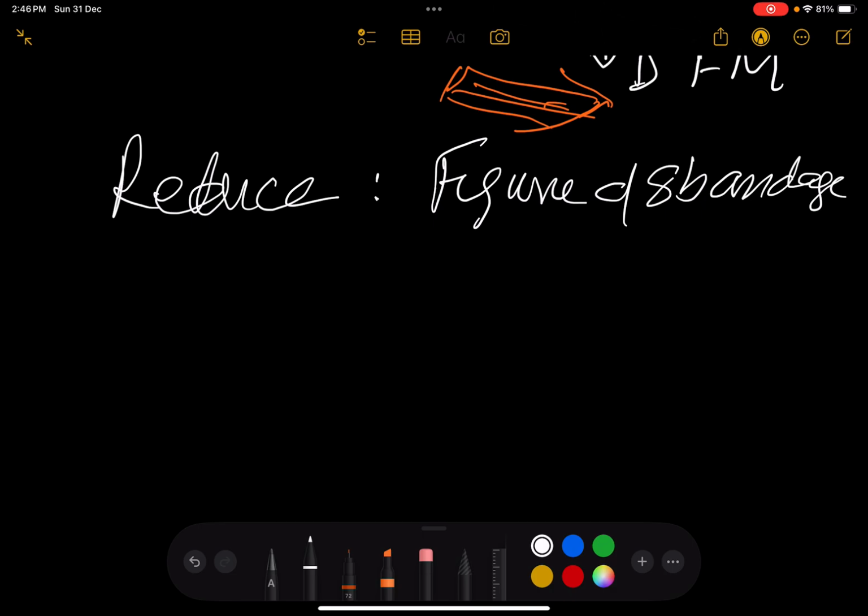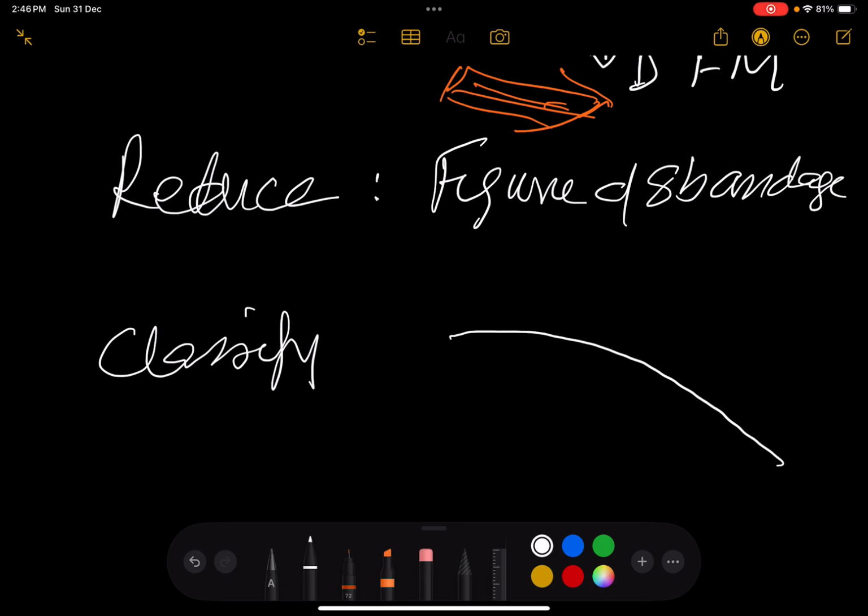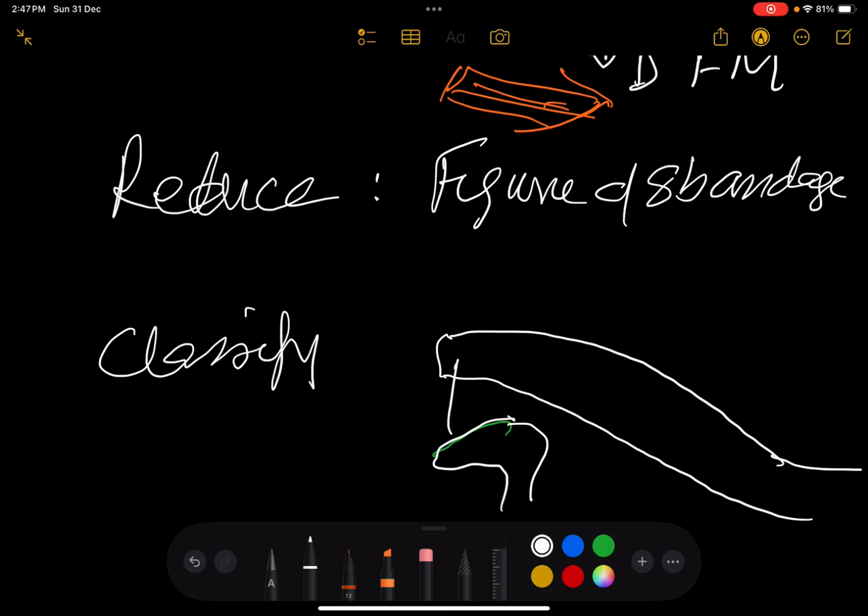Basically, if you want to classify this fracture, the fracture of the clavicle that occurs, this is the coracoid, that occurs medial to the attachment of the coracoclavicular ligament, this can migrate upwards.